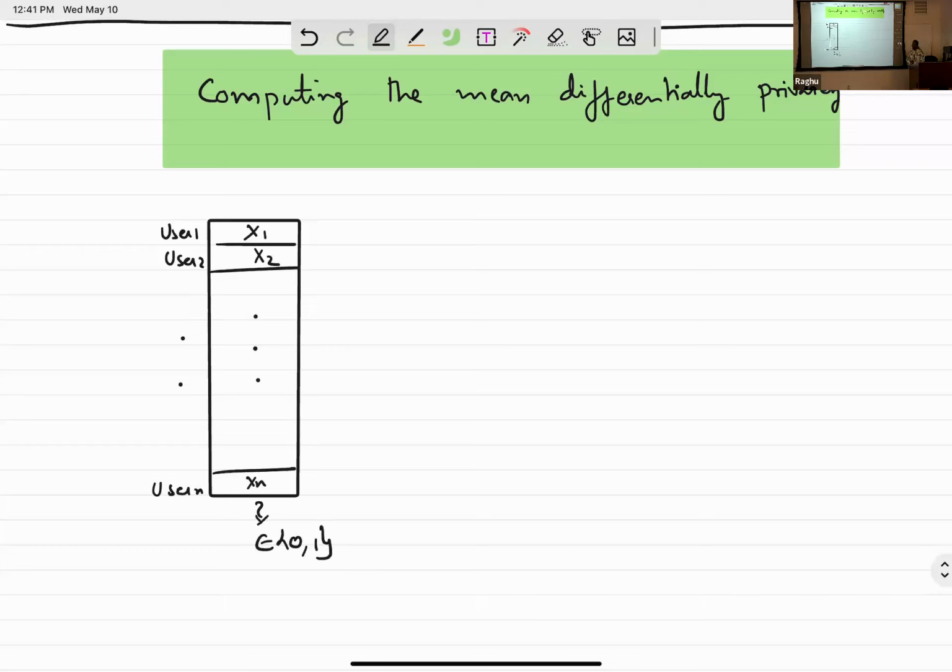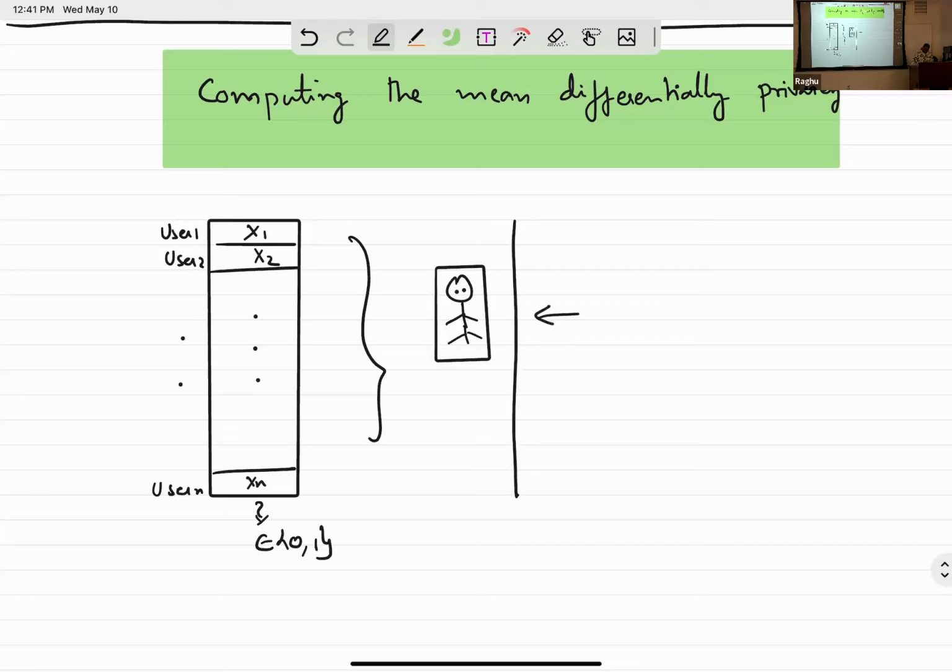This is my database, and this whole thing is held by a trusted curator. Then someone comes and asks what is the mean, and we have to send out an answer in a way which is differentially private.